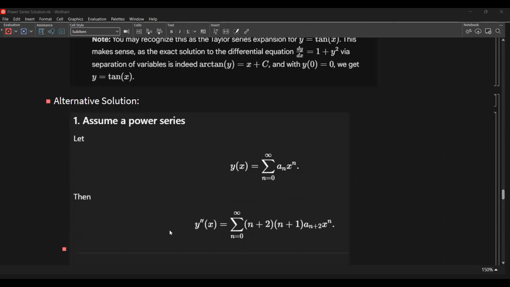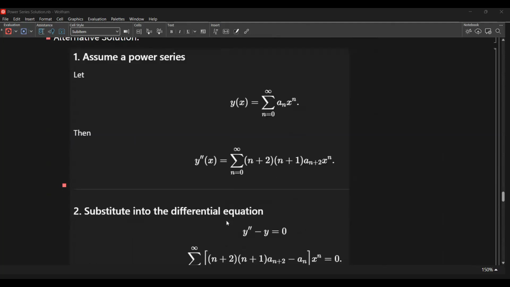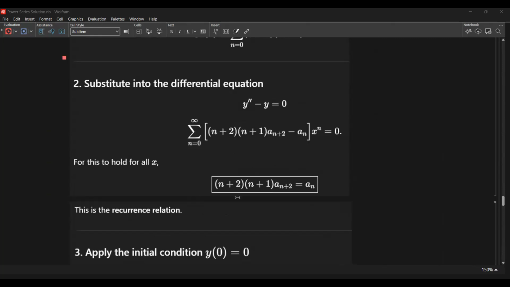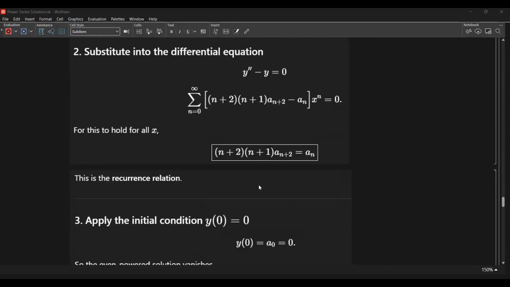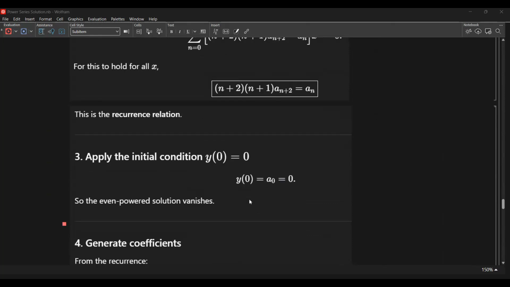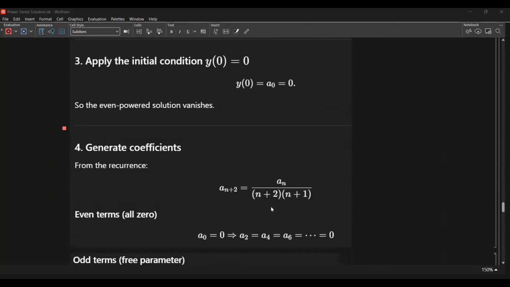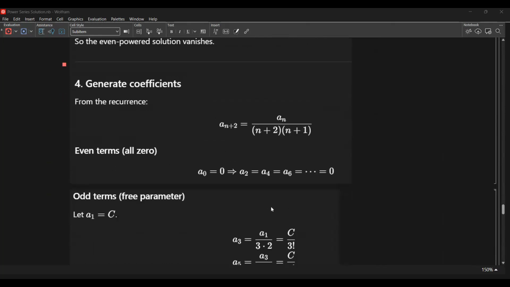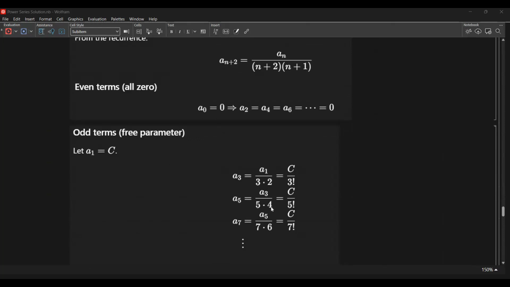Alternative solution here. So we have the same recurrence formula here to apply the initial conditions. So we have a sub 3 here equal to c over 3 factorial. This is for the odd terms.